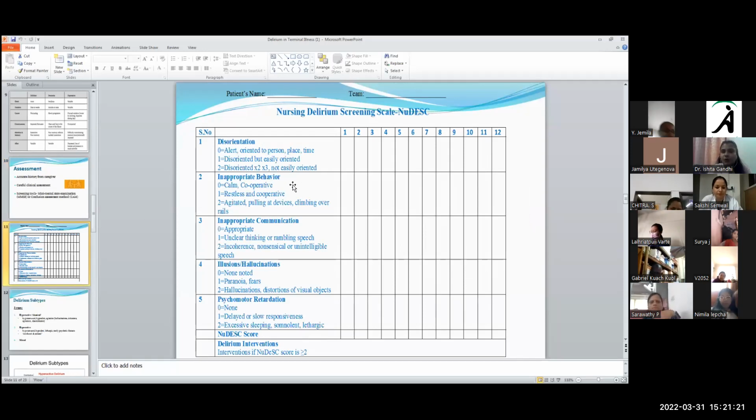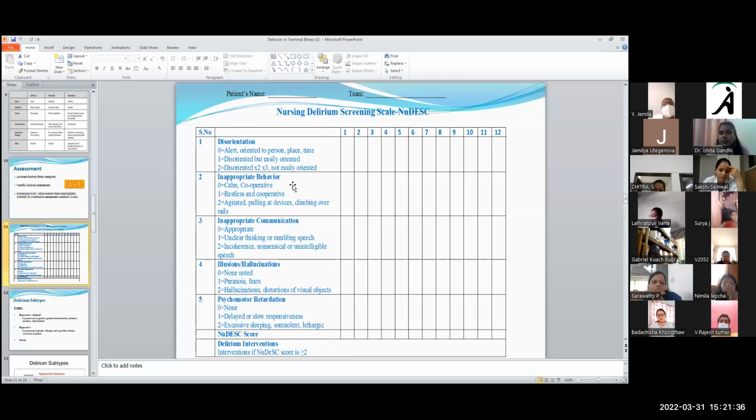We score the patient 0, 1, or 2 according to the symptoms that the patient is showing. And if the score is 2 or greater than 2, then the patient has delirium. We diagnose the patient as delirium.